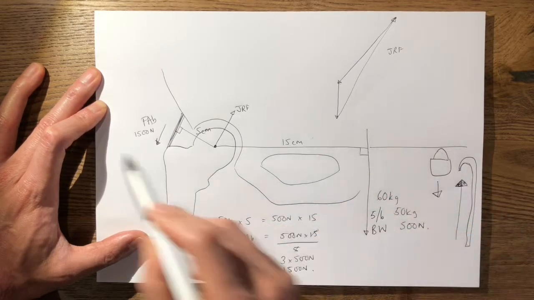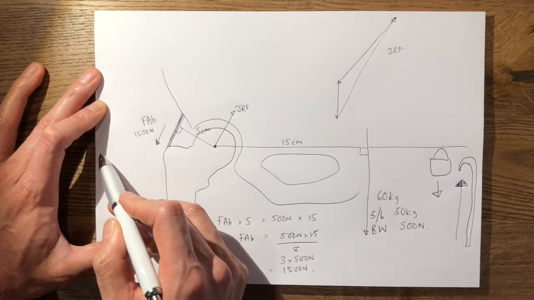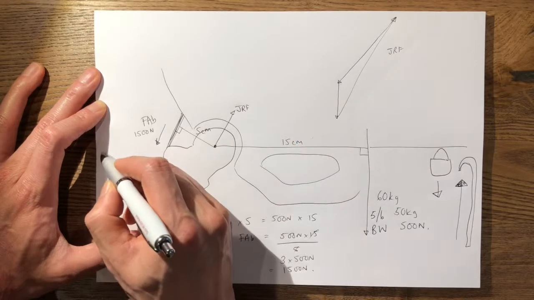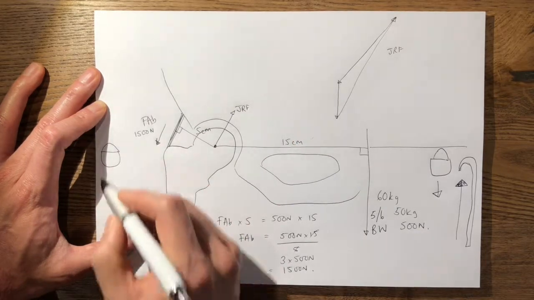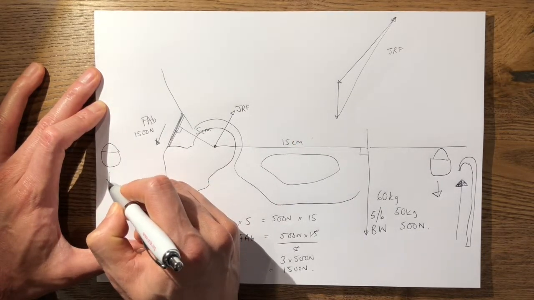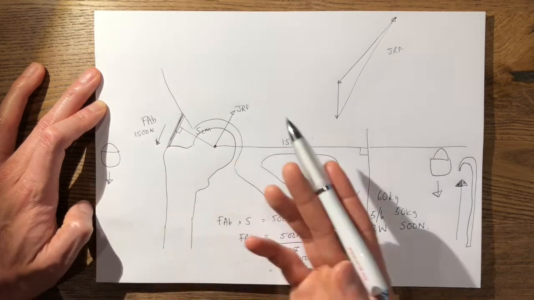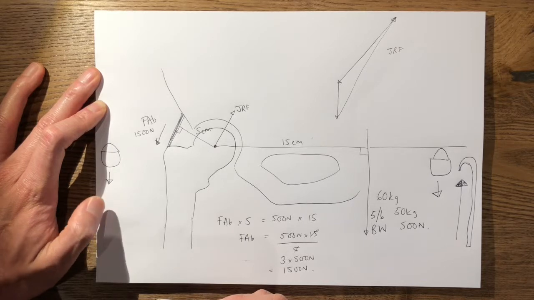However, if you held a heavy suitcase in the ipsilateral hand, that would help your joint reaction force because you're adding an anti-clockwise moment here, if that makes sense.